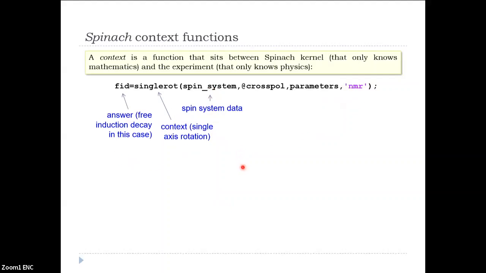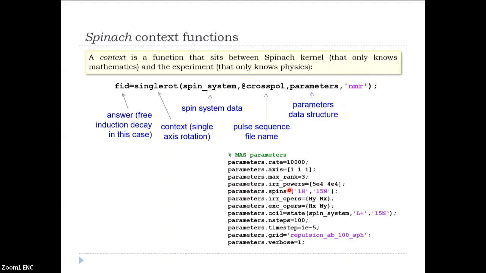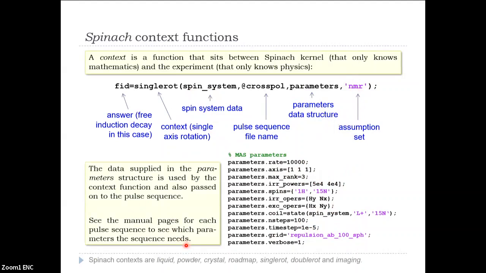That's the spin system data that you gave to Spinach. Pulse sequence file name, parameters data structure, like what's the spinning rate, what's the spinning axis, what are the radio frequency powers, what's the detection state, and here's the time grid. All right, so you've got 100 grid points on a full sphere, time step, number of steps, and other such things, and that's the NMR assumption set.